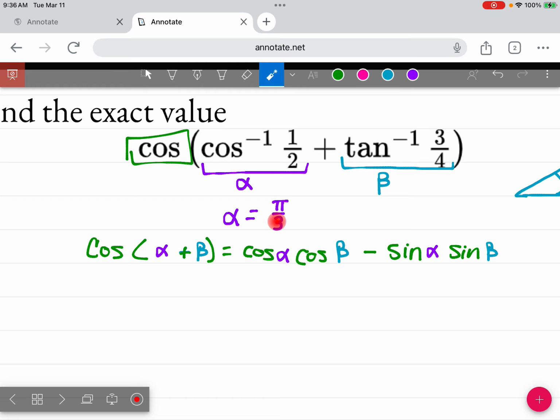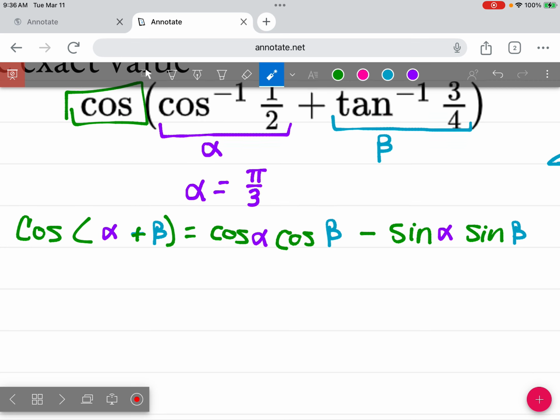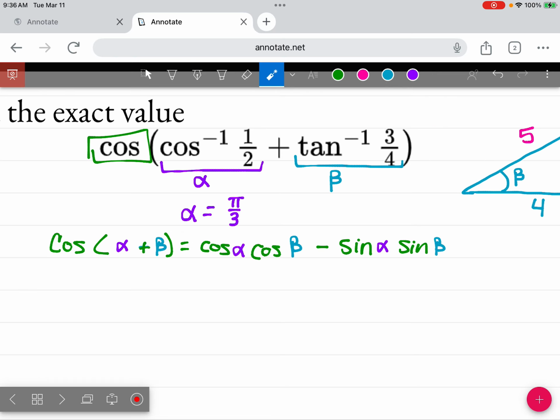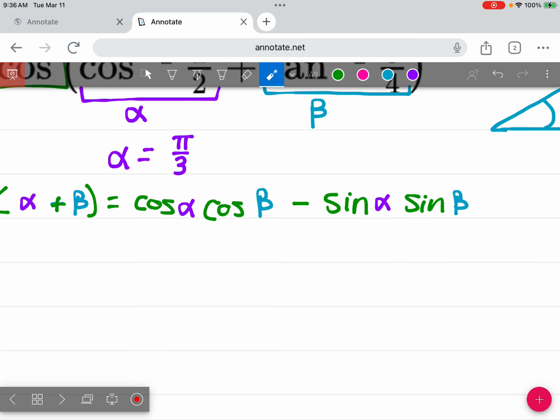You can also set this one up as a triangle if you'd like to. That's totally fine. But we know pi over 3, so I know cosine of pi over 3, and I know sine of pi over 3. I've got my whole triangle for beta over here, so we can find cosine of beta and sine of beta, which is exactly what we're going to do.